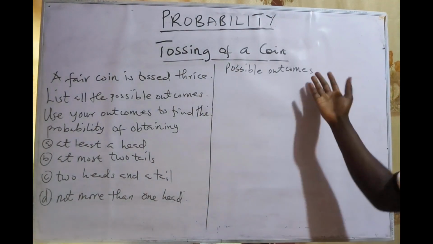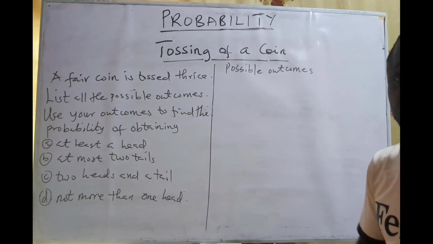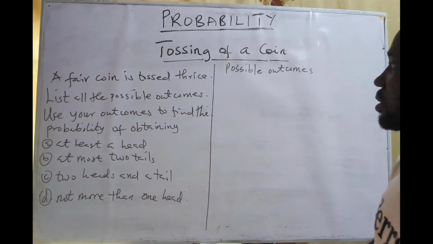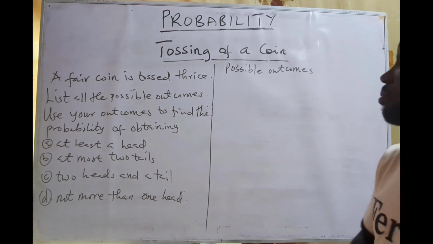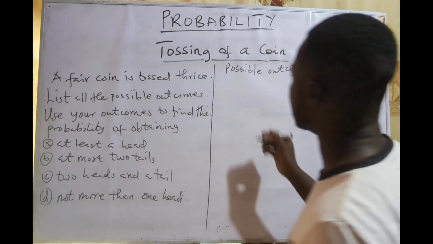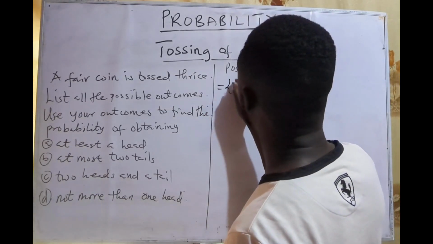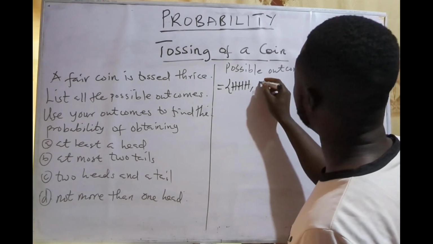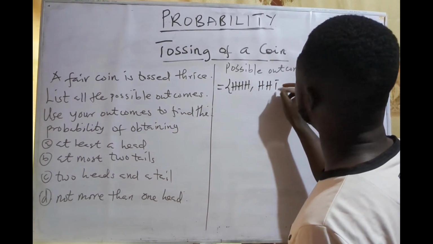Okay, so with your possible outcomes, if you think you will forget, then you can do your table. So when you do your table, it becomes so simple for you. Or if you know, you can also write, then that is fine. If you can write, then have head, head, head. Either all 3 will be head. Or we have 2 heads, a tail.